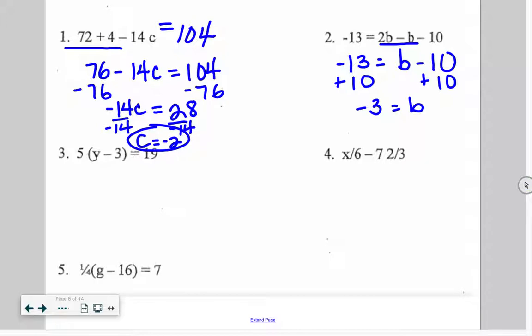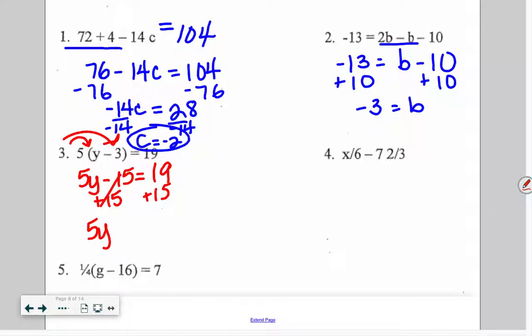Okay, how about question number 3? Distribute the 5 times y. 5 times negative 3 equals. Okay, now what? Add 15. 5y will equal 34.